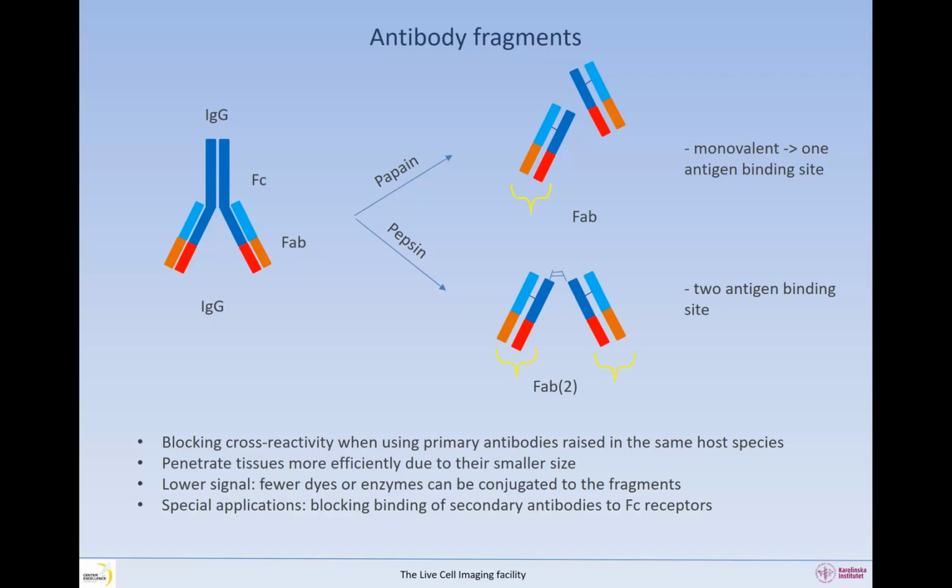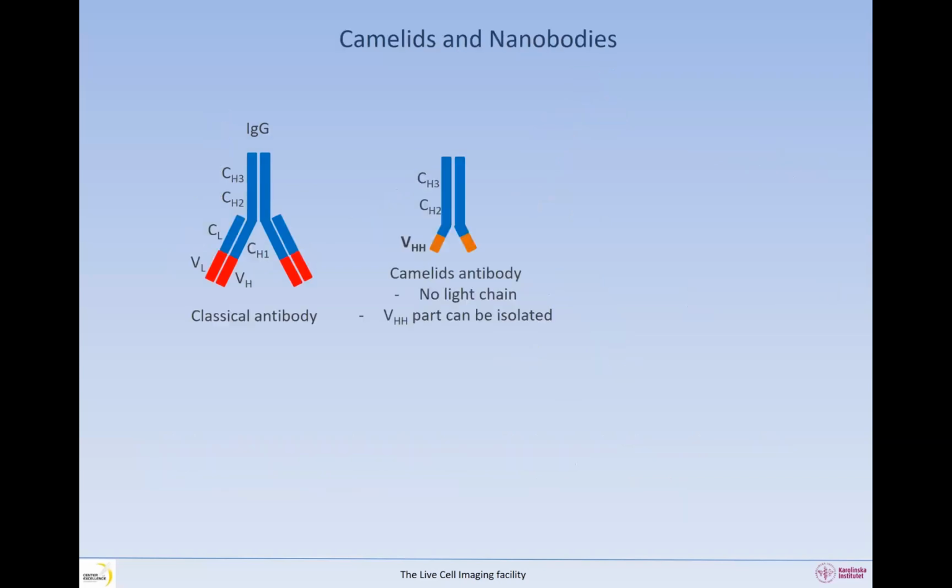Now, besides the 5 conventional classes of mammalian antibodies, some antibodies have a completely different structure because they don't have a light chain. These antibodies are found in only a few types of animals.